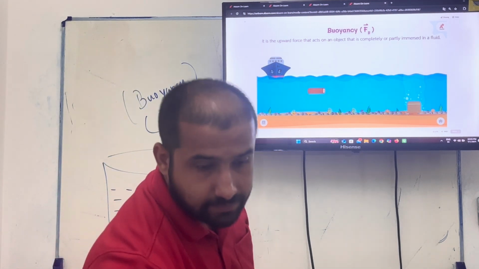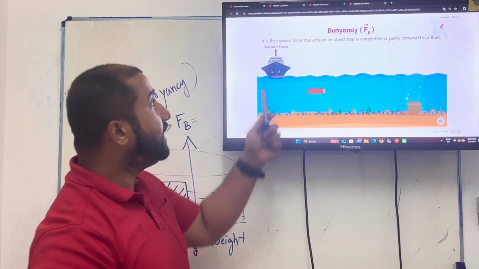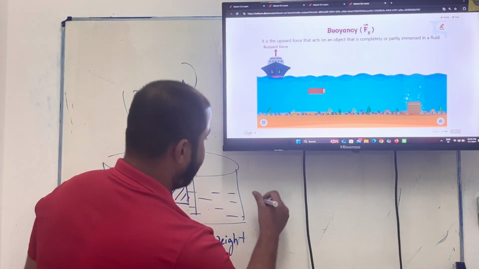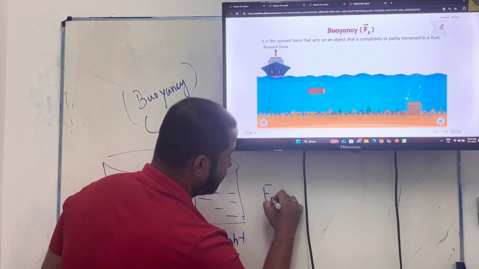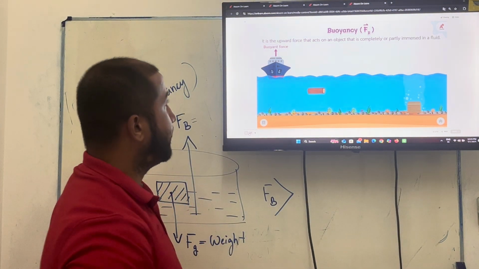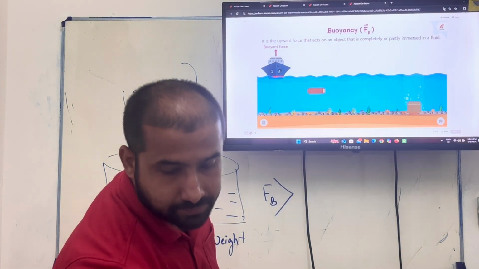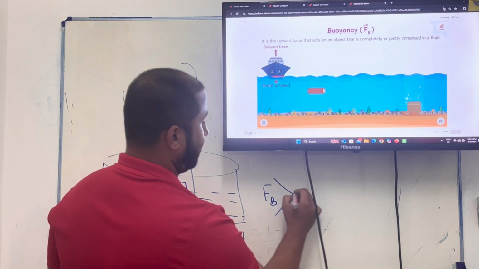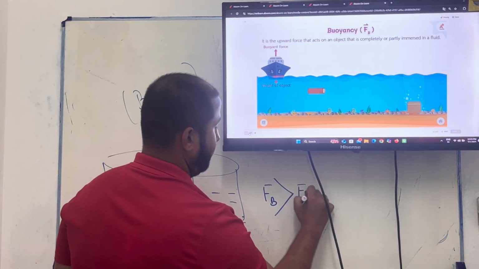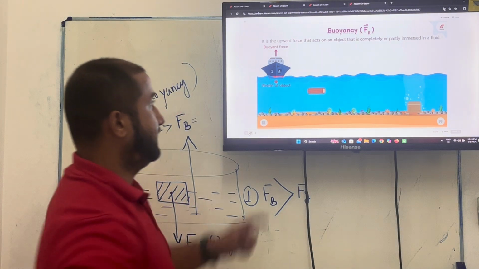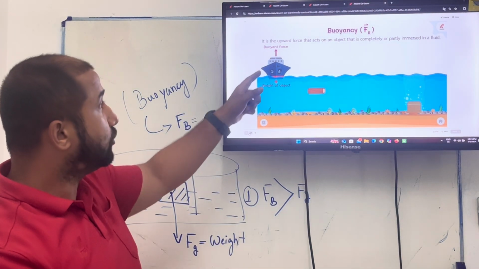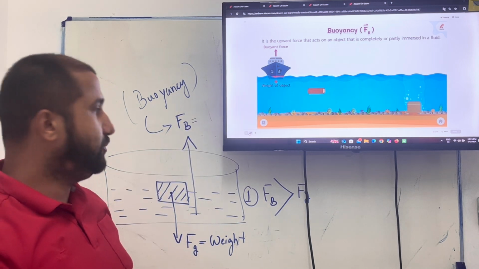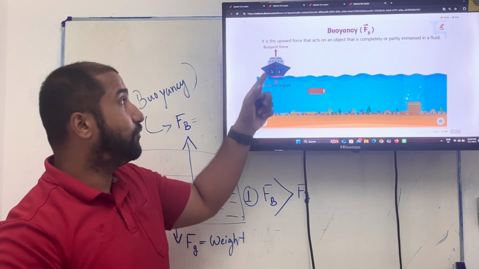Because the buoyancy force of the ship is bigger than the weight of the ship. Case 1. In this one, the buoyancy force of the ship is more than the weight of the object. That's why it is floating.